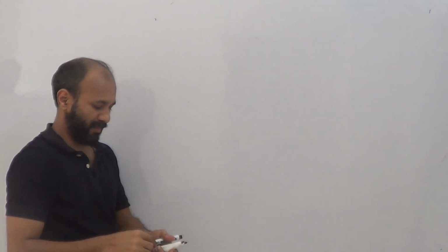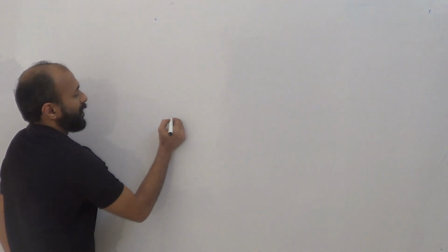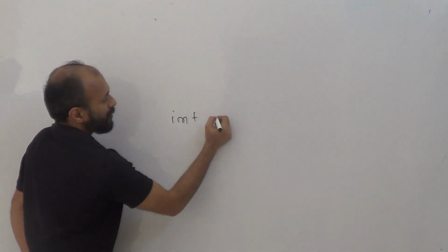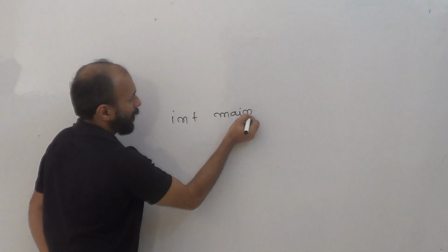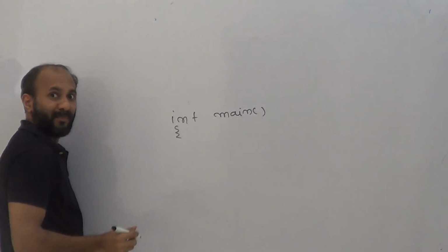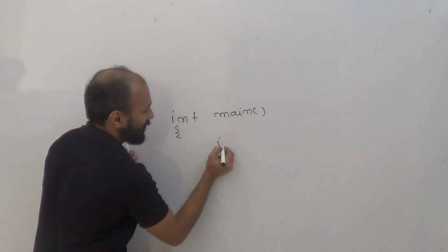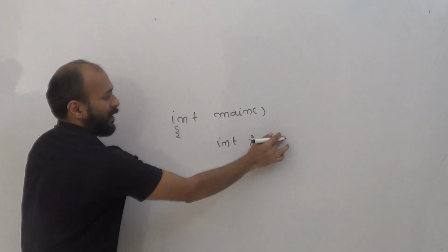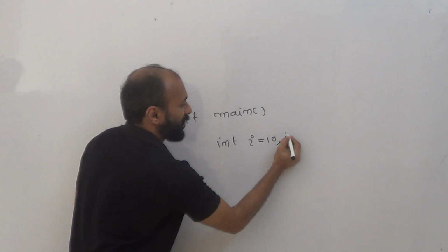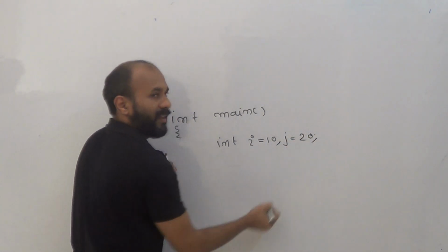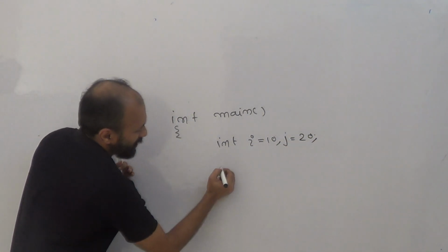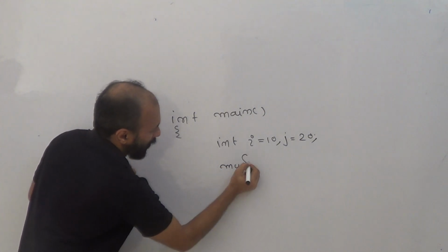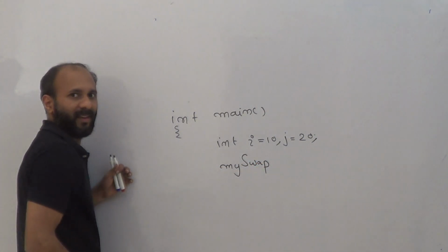Now I am going to write our old swap program. Here I have int main. Inside main I have two variables, int i and j. i is equal to 10 and j is equal to 20. I am calling the mySwap function.